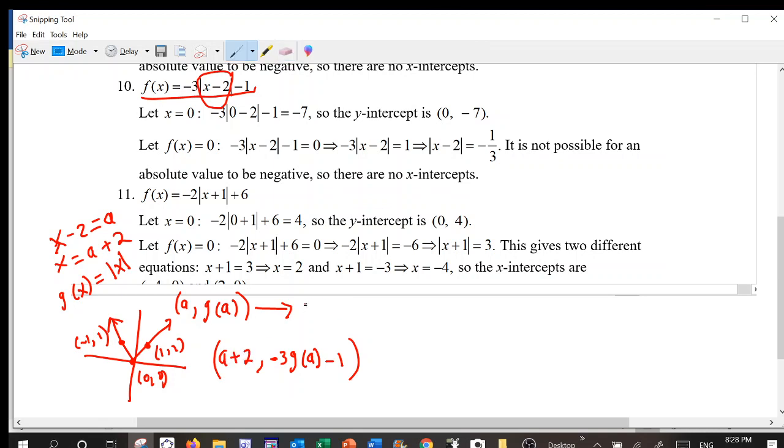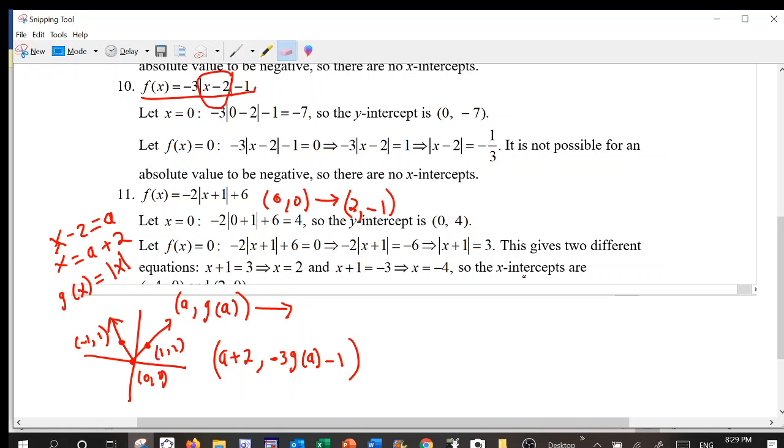So that means, I'm going to write here so I can use this space. So (0, 0) is going to go to what? Well, 0 plus 2 is 2. And negative 3 times 0 is 0, minus 1 is minus 1.